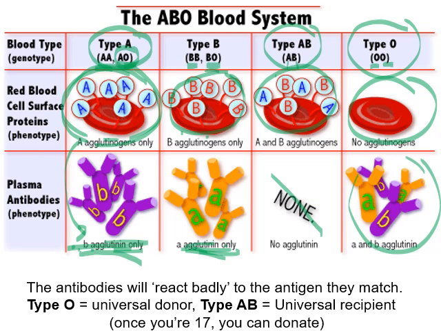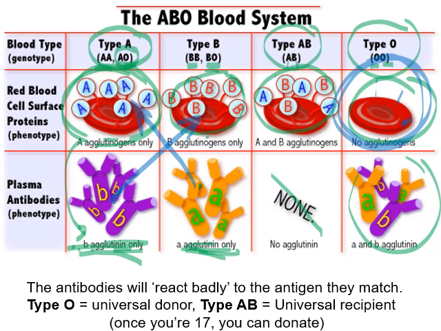Now, this is important for donating blood because type A antibodies are not good if you mix them with type A blood. Type B antibodies would also not be good if they were mixed with type B blood. So if you are type O blood, then your blood cells don't have any little proteins on them.